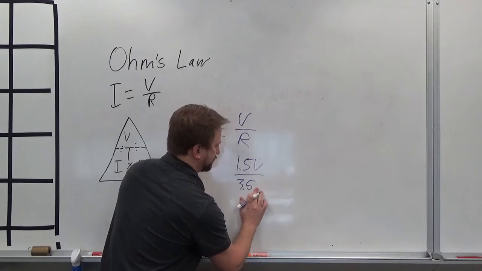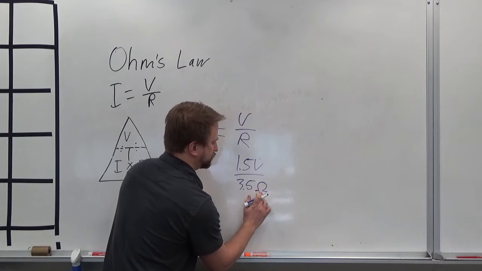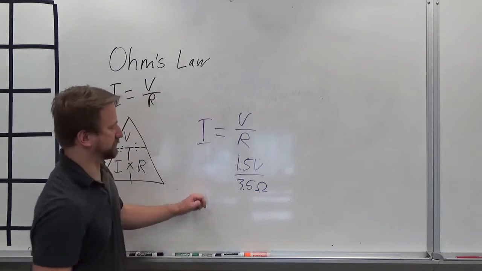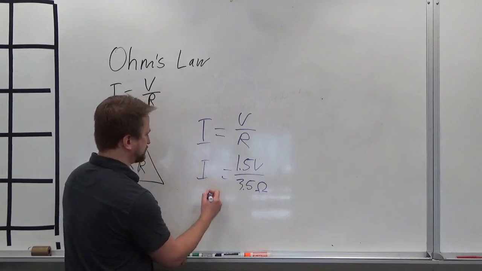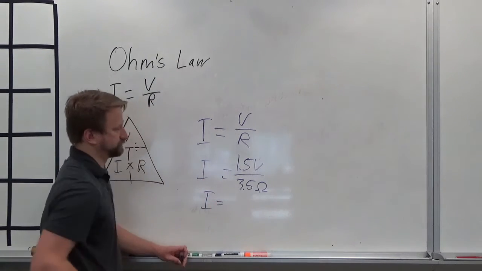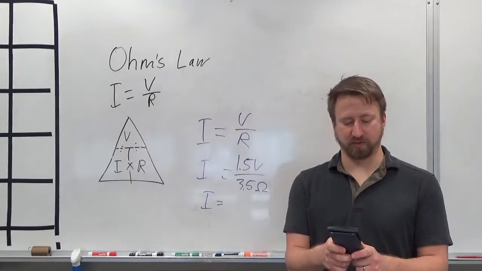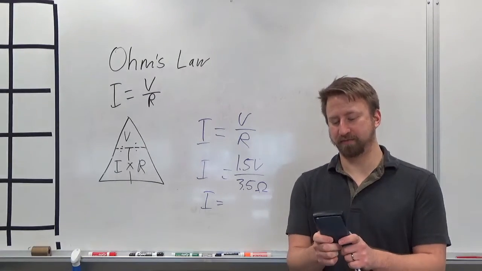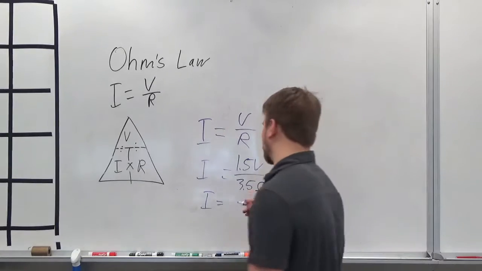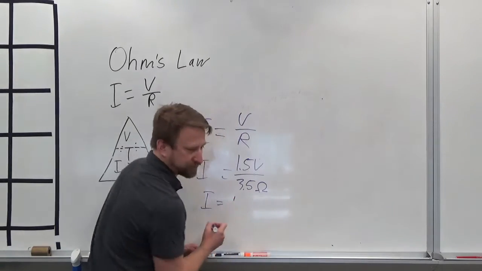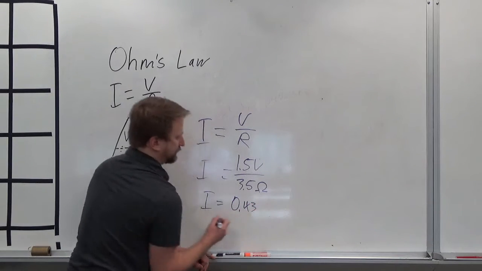So we put ohms. That's a pretty decent omega. And now we're finding current still. So we're just going to take our calculator and go 1.5 divided by 3.5, giving us 0.43.